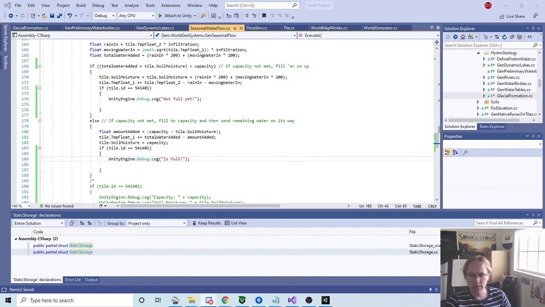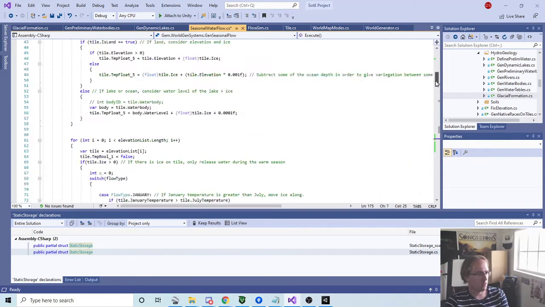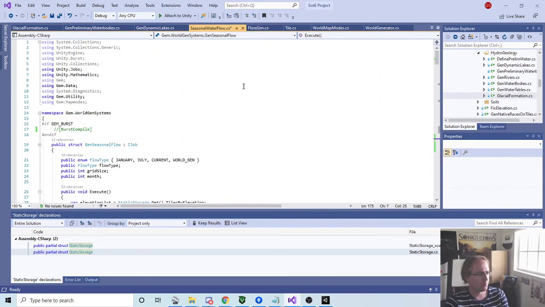I see, in terms of the logs I should be using. Alright, we'll actually save this for later. For now, why are we filling up so quickly? Alright, well, let's go ahead and log out the details. Re-enable burst.